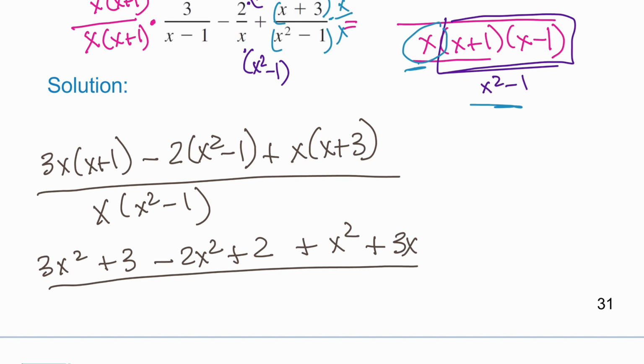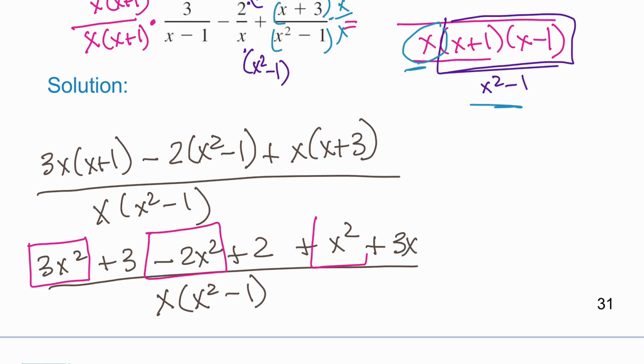Okay, and then the denominator, I'm just going to leave the denominator like that. And then we want to combine like terms. So my 3x squared, negative 2x squared, and then positive x squared.